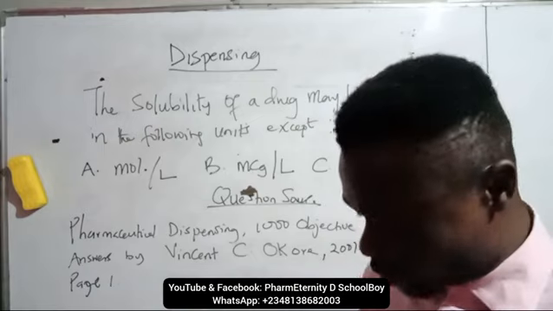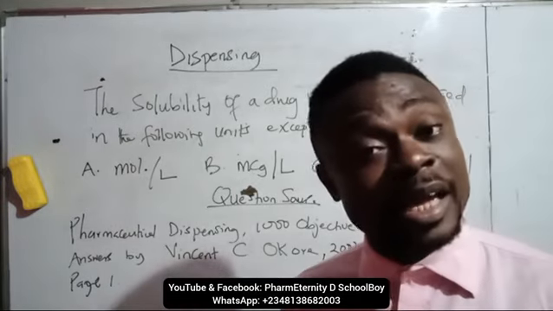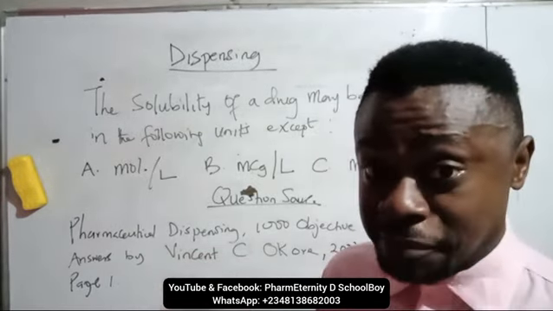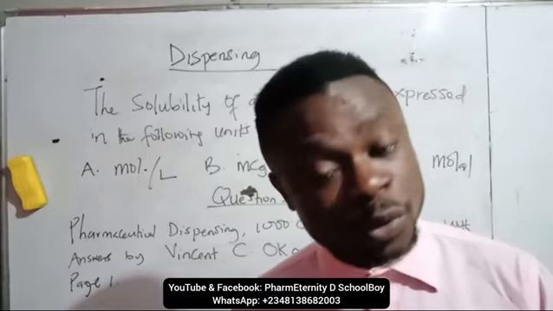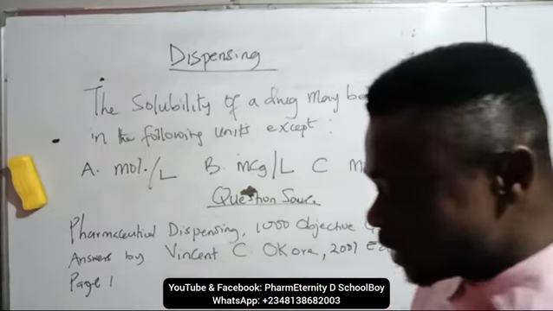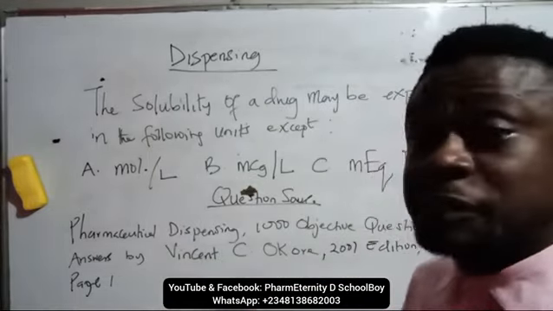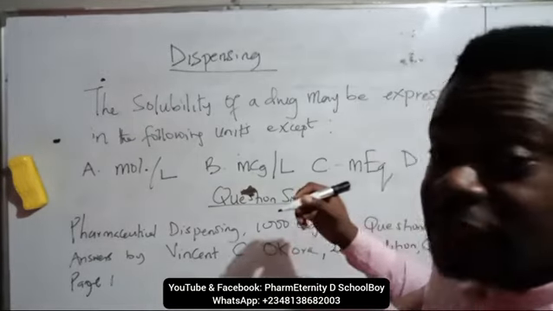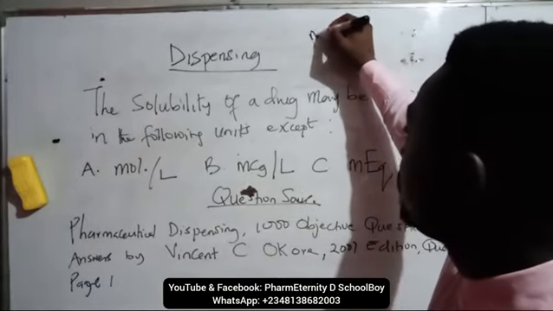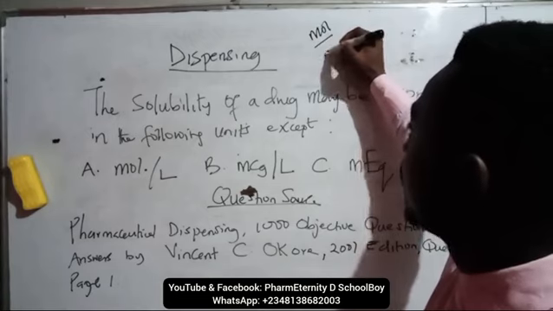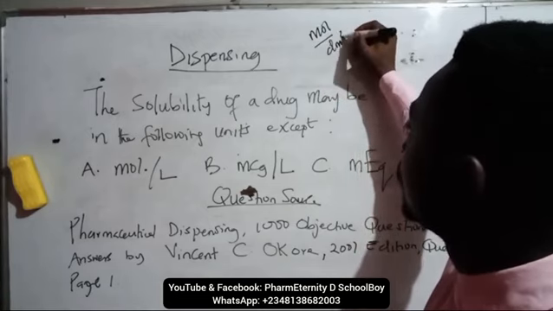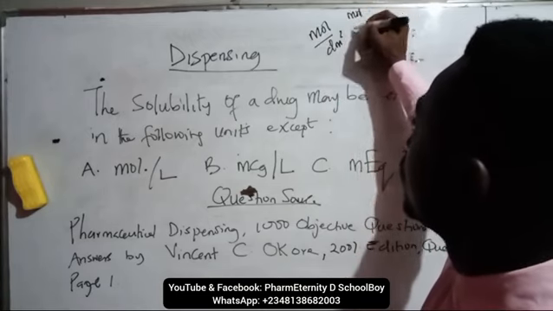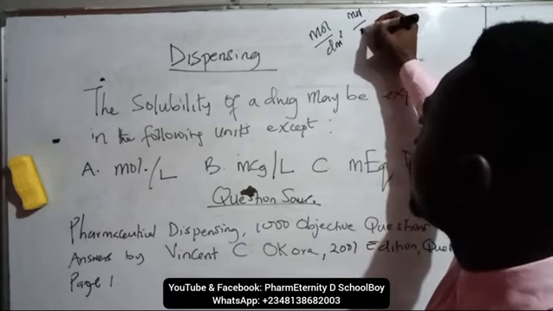So the amount can be in grams, and it can also be in moles. From this basic definition, solubility has to do with either mole per dm cube or mole per ml.